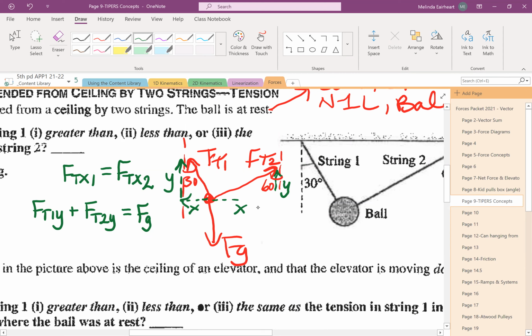Make the x's more equal, and try to get closer to scale. And so for the vertical component, we want the angle to be bigger.